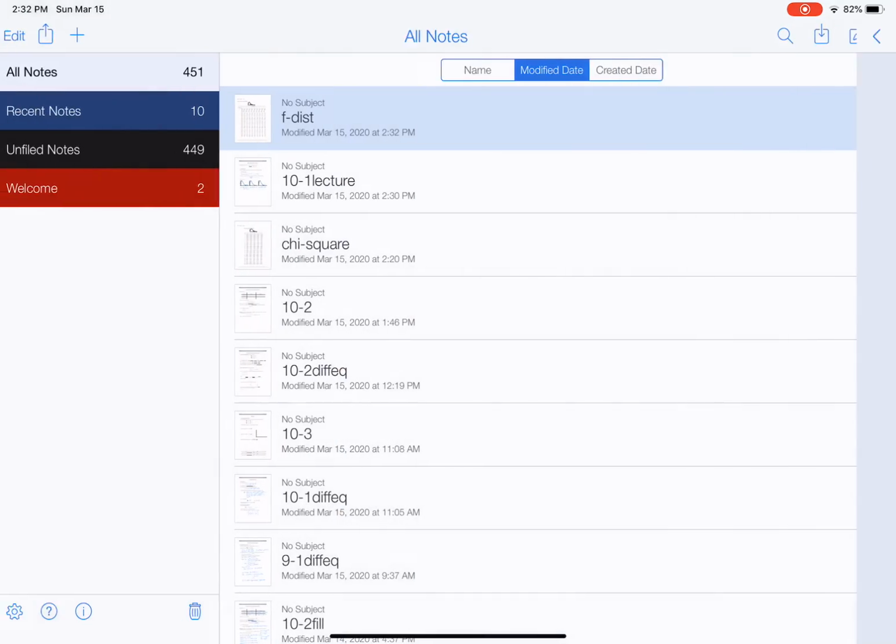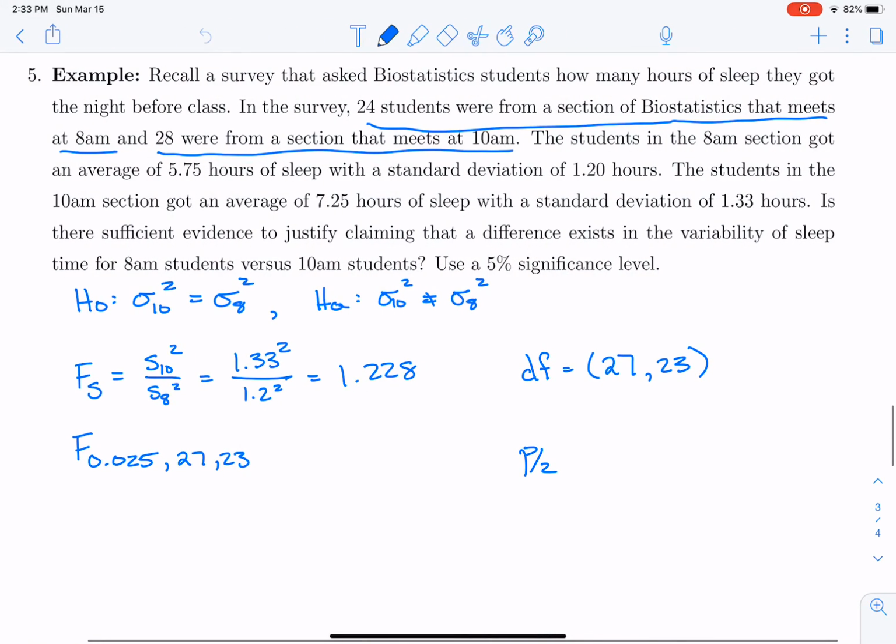So coming back to this example, my critical F value was about 2.3, and P over 2 we said had to be greater than 0.1, so that meant that P was bigger than 0.2.